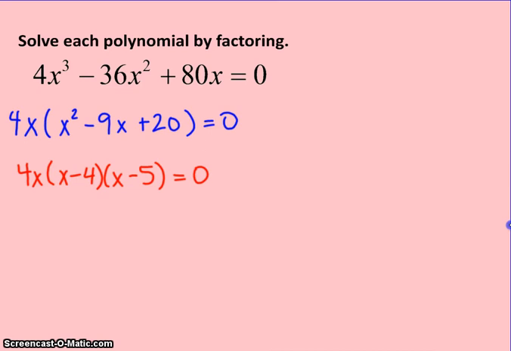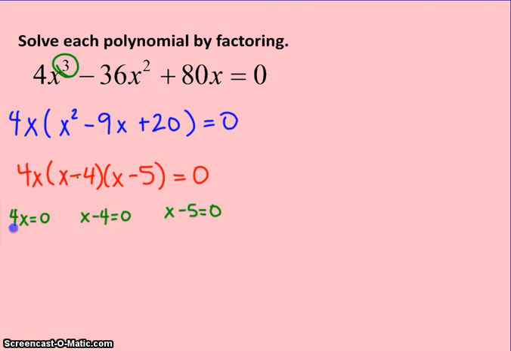Now, if you will, take a minute, look at the degree. The highest exponent is 3, which means I need 3 answers. Those 3 answers are going to come from these 3 factors. You're going to set 4x equal to 0, you're going to set x minus 4 equal to 0, and you're going to set x minus 5 equal to 0, and solve for each one.